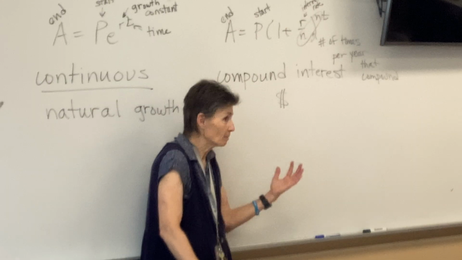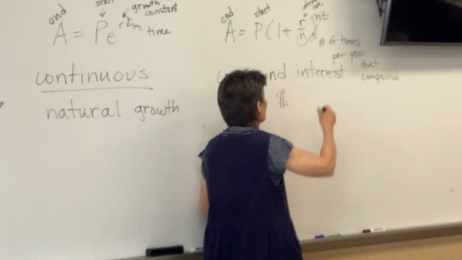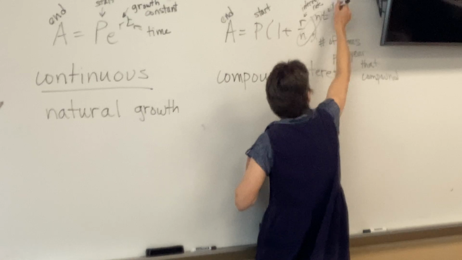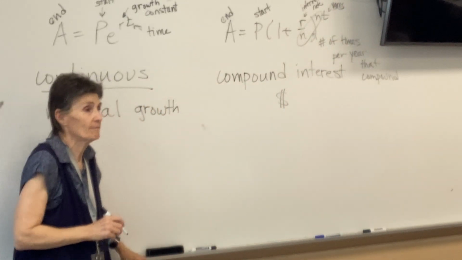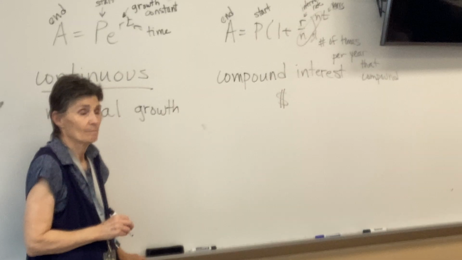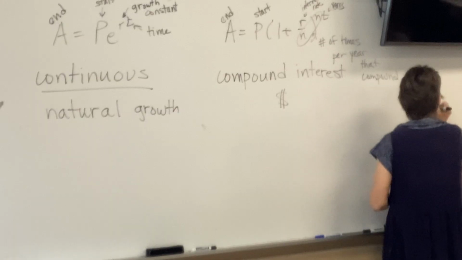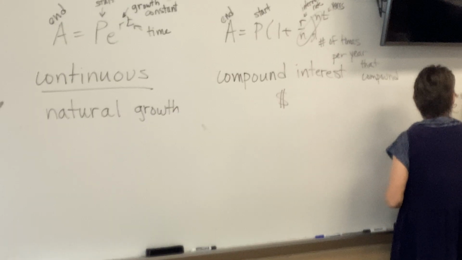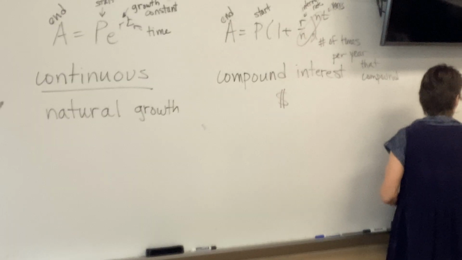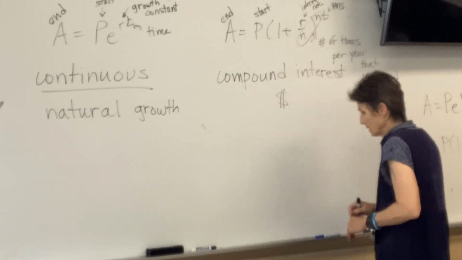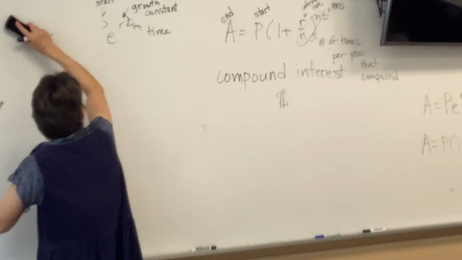And then T is the number of years. So in the formula, T is the number of years. Alright, so I'm gonna write both formulas right here so we have them in front of us. And now we're gonna start doing some of our problems.